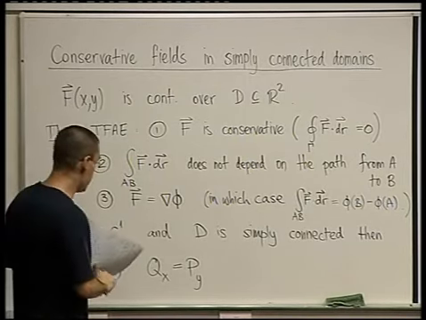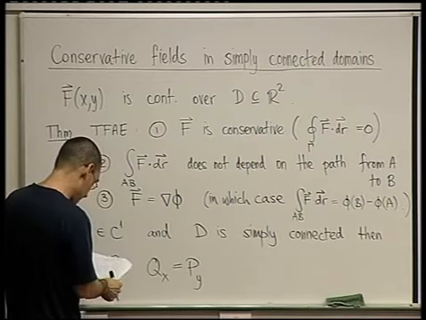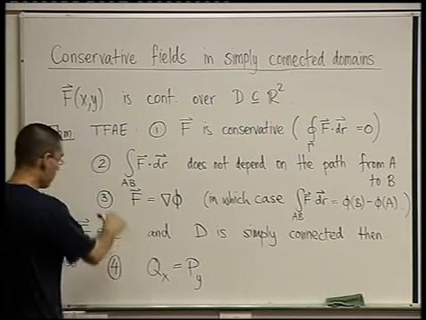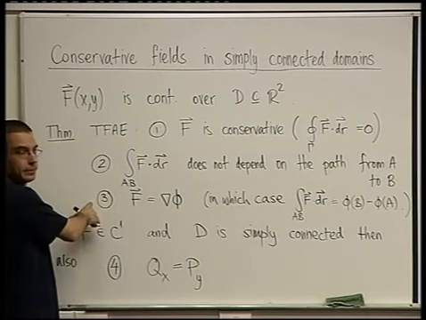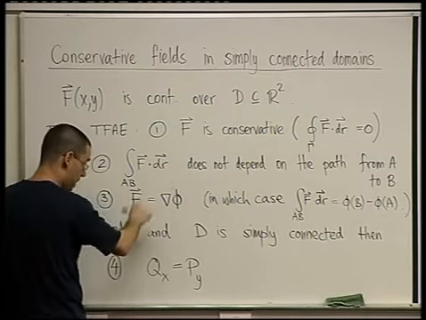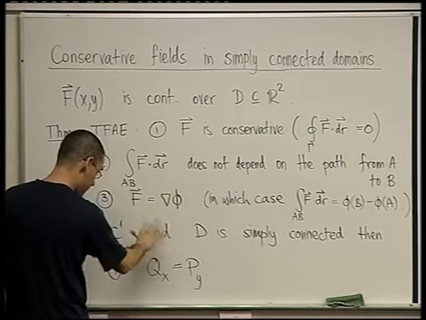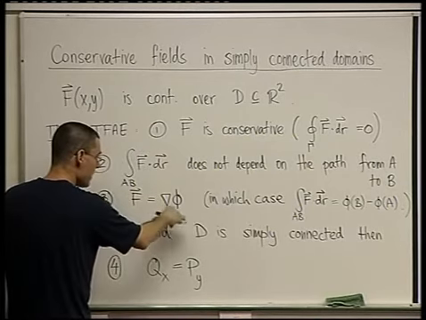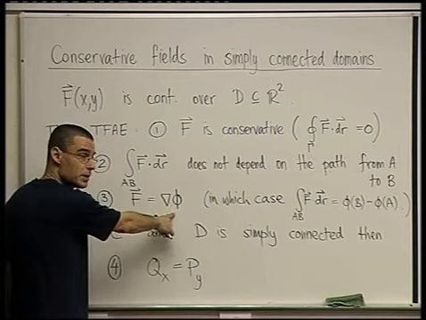Okay, so let's do that, and I'm going to start with the direction where I assume 3 and prove 4. So my assumption is going to be, it's going to be on another board, that's why I'm saying stuff here, and then we'll move and write it on the other board. I'm going to assume that F is the gradient of some scalar function.